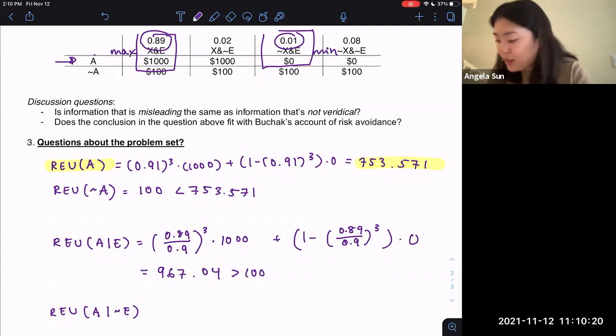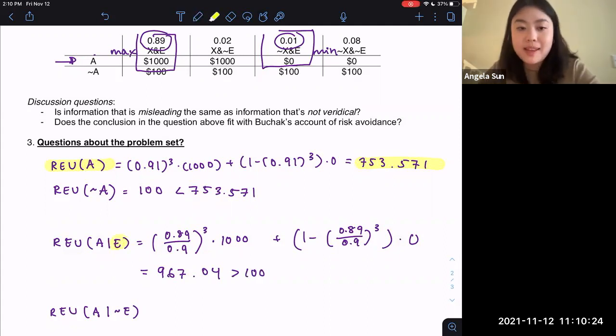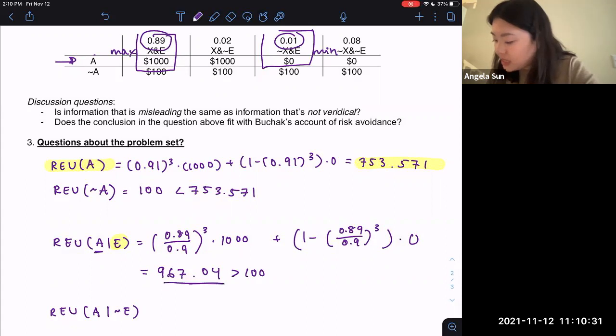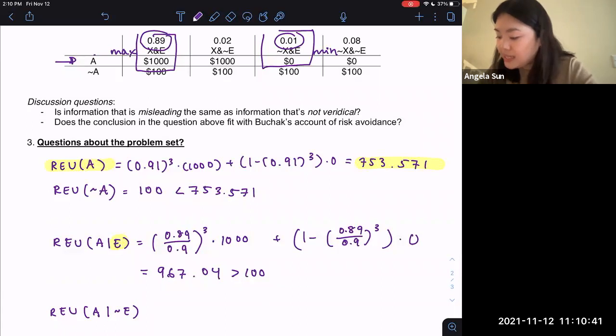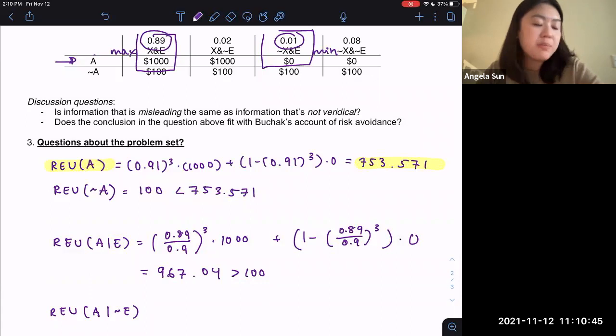That means that if we learn E, so suppose we do the experiment and the experiment tells us that the ship is seaworthy, we would choose A because the expected utility of doing A, 967.04, is greater than the expected utility of doing not A, which is just 100. So if the experiment tells us that the ship is seaworthy, then we would choose A.